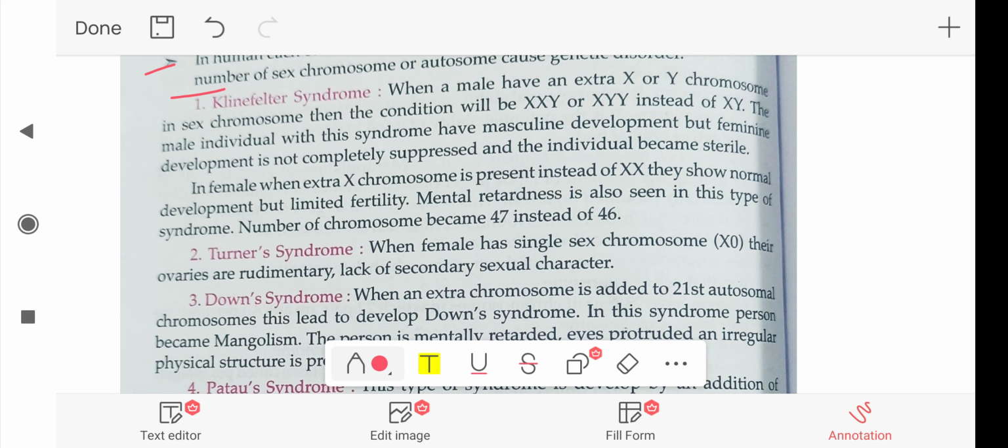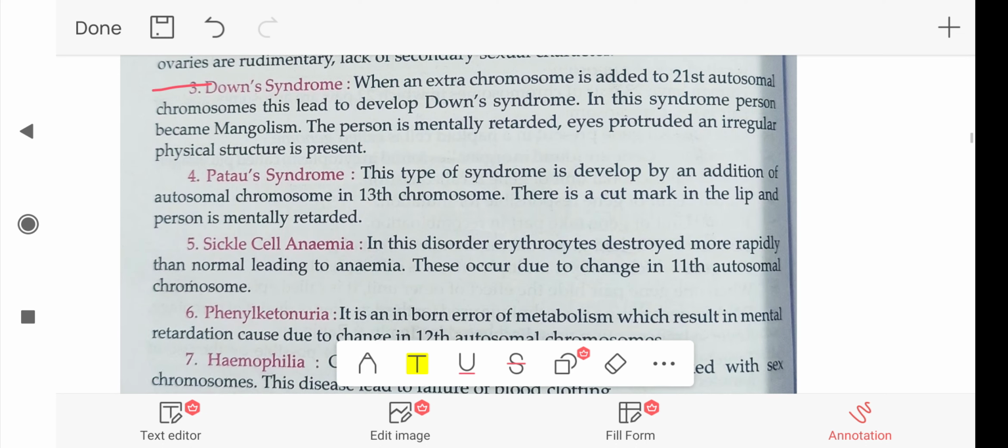Next is Turner syndrome. When a female has a single sex chromosome, that is only X, their ovaries are rudimentary, with lack of secondary sexual characters. Next, Down syndrome. When an extra chromosome is added to the 21st autosomal chromosome, this leads to Down syndrome.